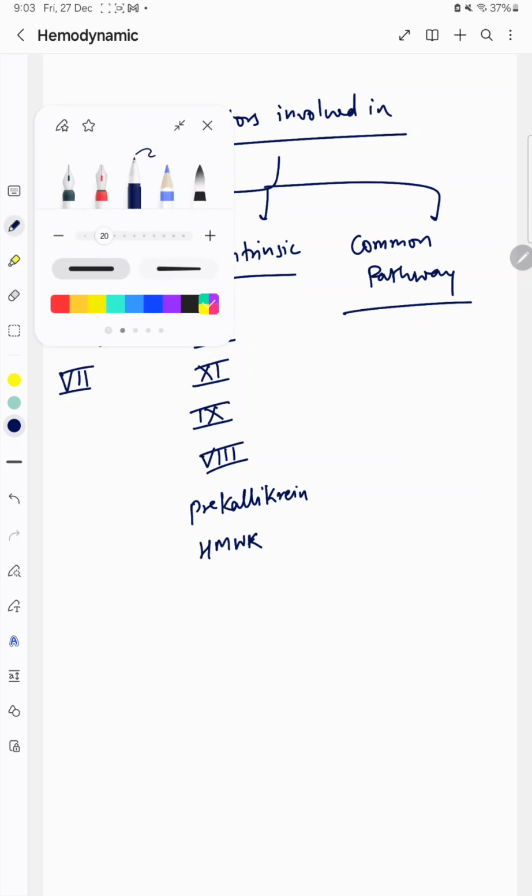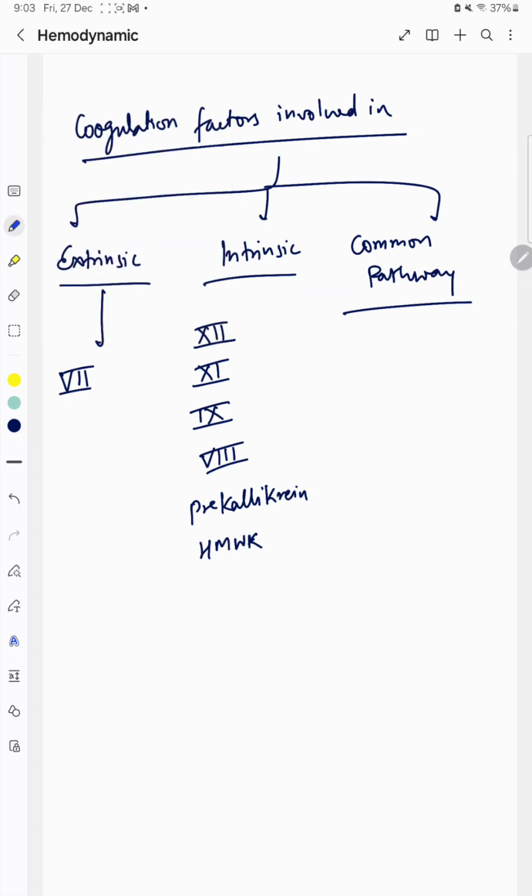In the common pathway, we have factor 10, factor 5, coagulation factor 2 and fibrinogen.